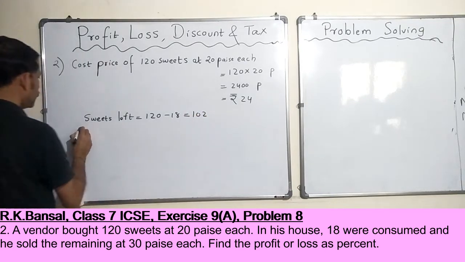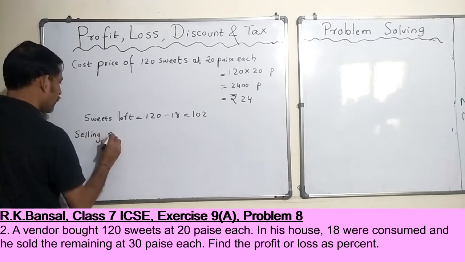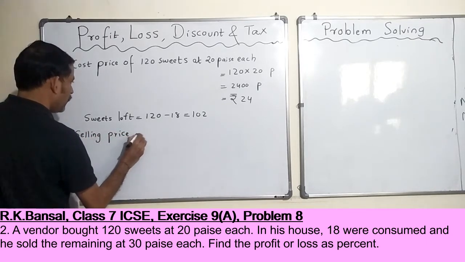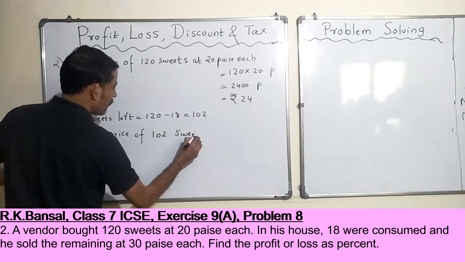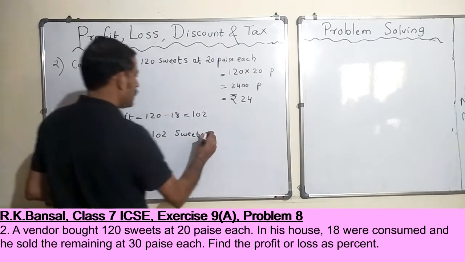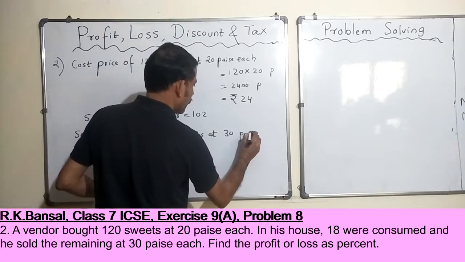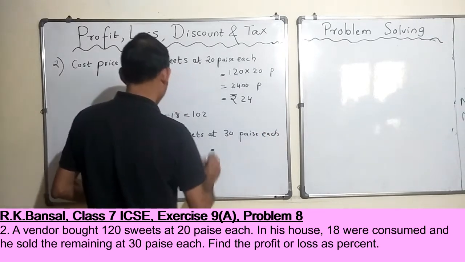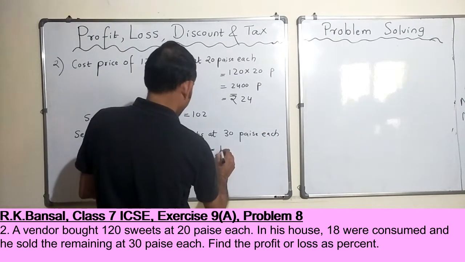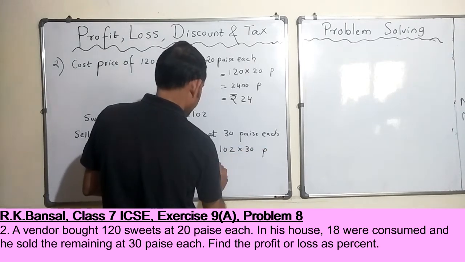Now he has to sell them at 30 paise each, right? So selling price of 102 sweets at 30 paise each is equal to 102 into 30 paise. Okay, this comes to how much?